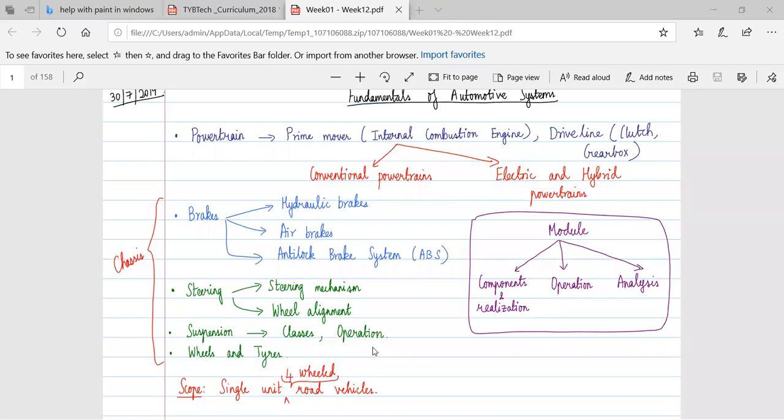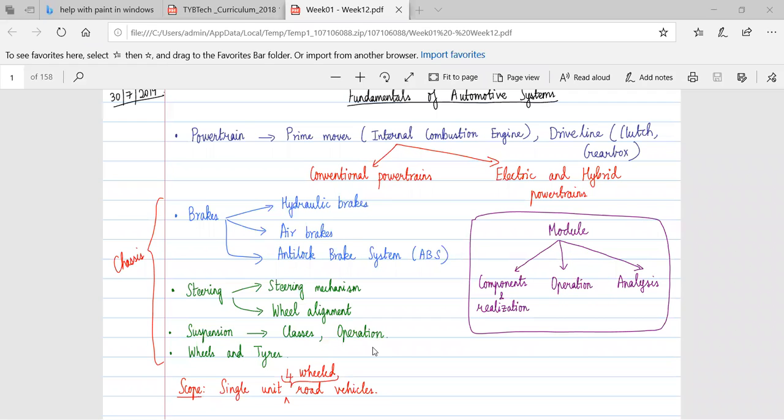Then we have trucks, and in trucks again we have different versions. If you go for Tata or Ashok Leyland or something else, they have different naming or notations for their trucks, and that depends on how much load they can carry.